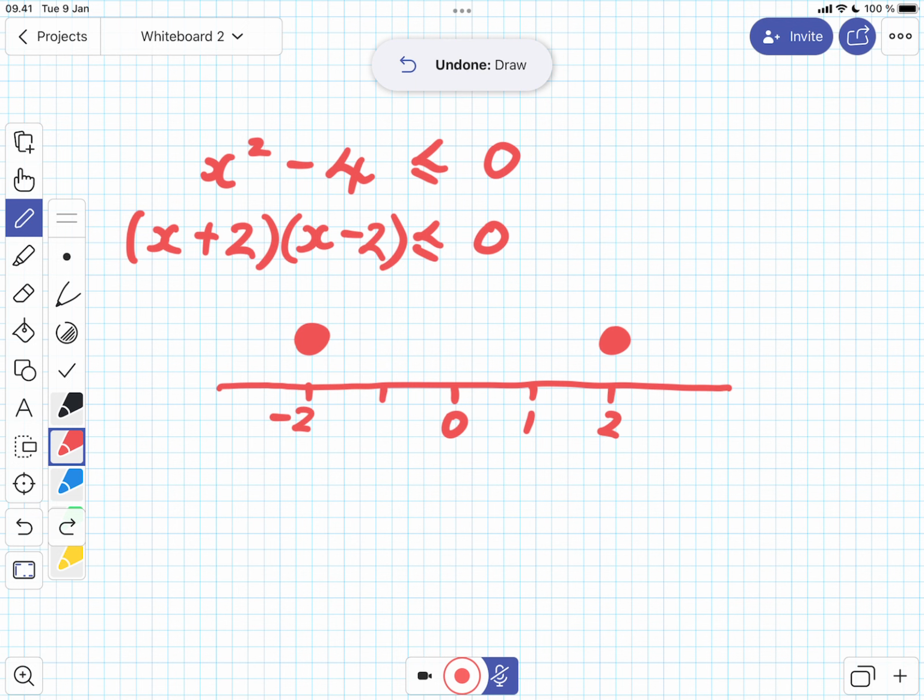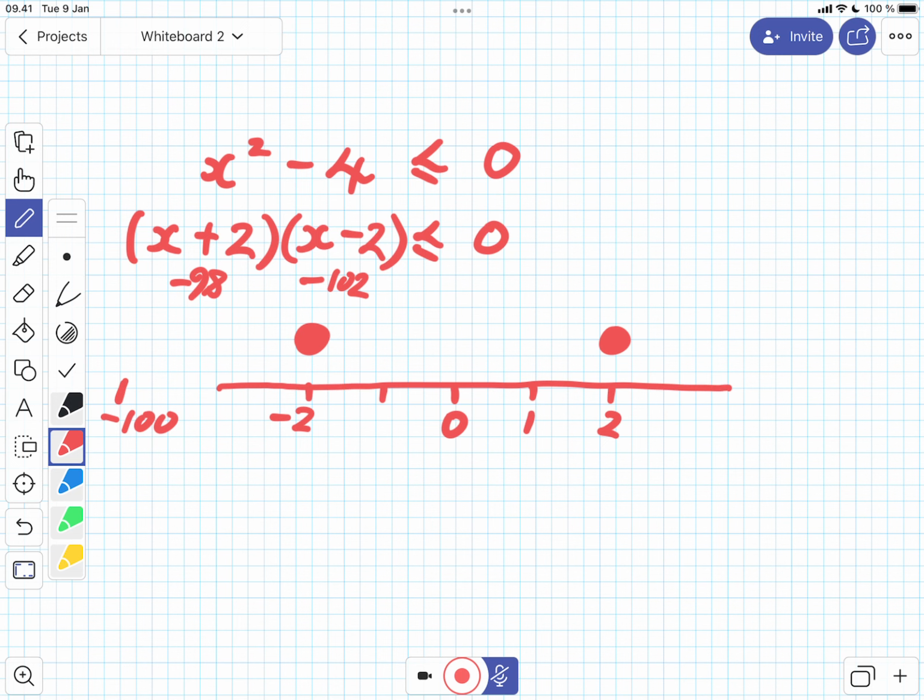Let's now think about all the way down here when x is, say, minus 100, a really big negative number. When x is minus 100, the first bracket would be minus 98, and the second bracket would be minus 102.